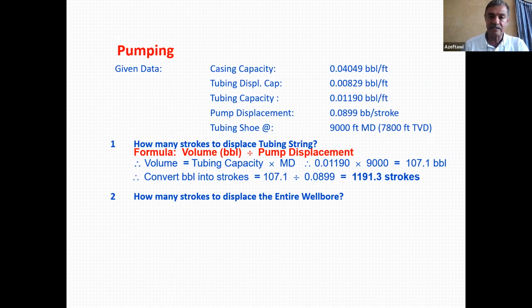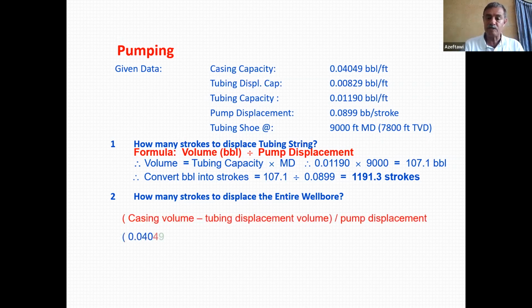In this case, as we agreed, it is the casing volume minus tubing displacement volume, divided by pump displacement. One step. This is how to get total volume.